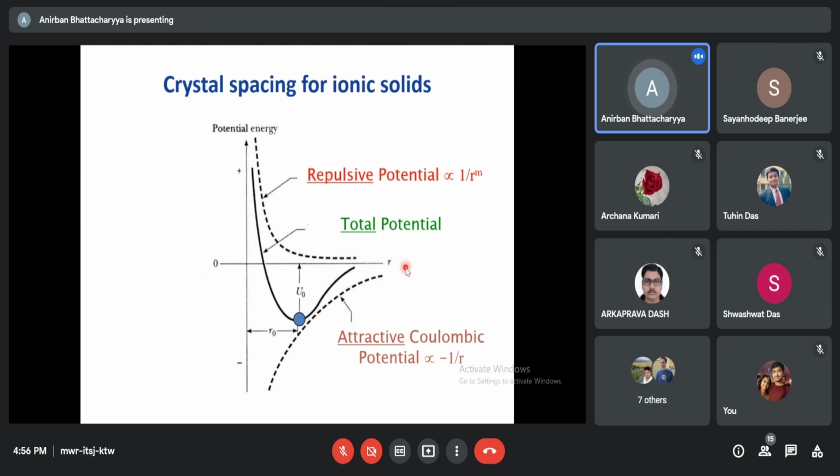Now, if I have two ions at a certain distance, they are attracted. So what will happen if they keep coming closer? Can they come very close to each other, or is there a barrier beyond which they cannot come close? At some point, what will happen? Can they occupy the same space?